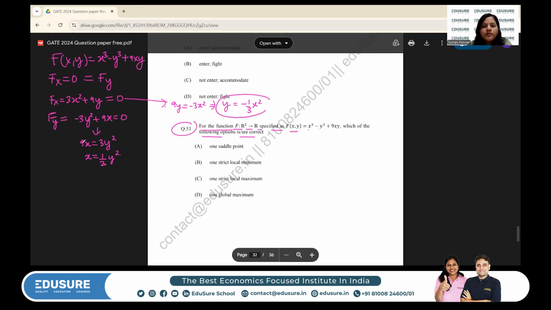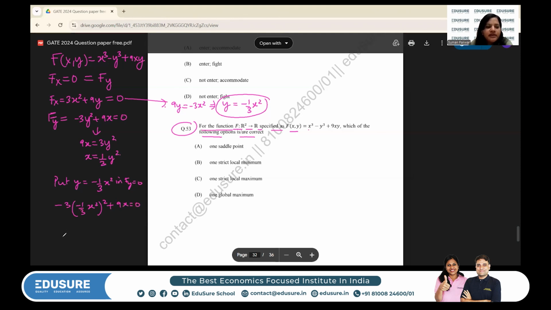Okay. So let us put y equals minus 1 by 3 x square in f_y equals 0. So that is minus 3 times (minus 1 by 3 x square) whole square plus 9x equals 0.